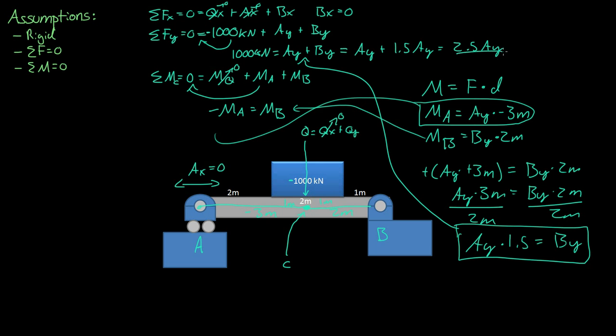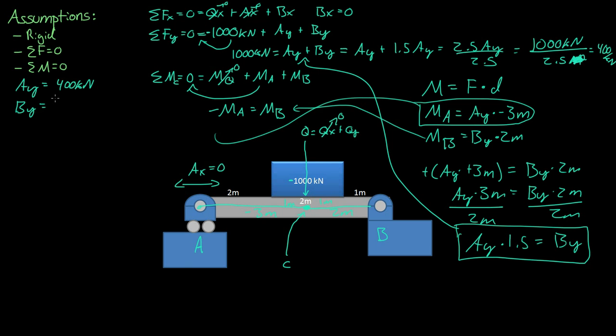If we divide 1,000 kilonewtons by 2.5, we get approximately 400 kilonewtons. Oh, sorry, there's no meters there. So Ay is equal to 400 kilonewtons.